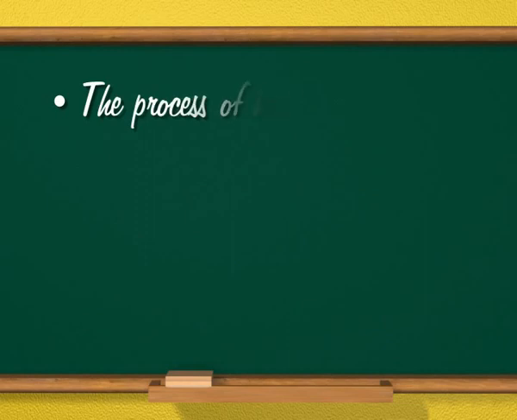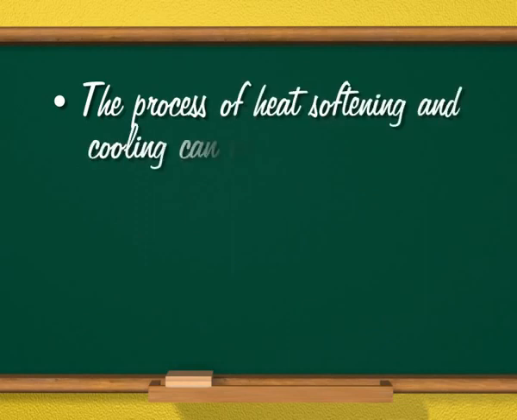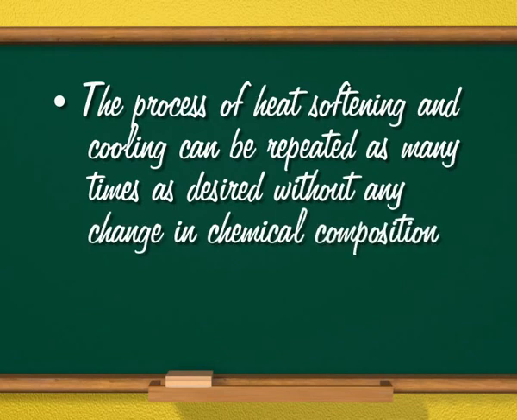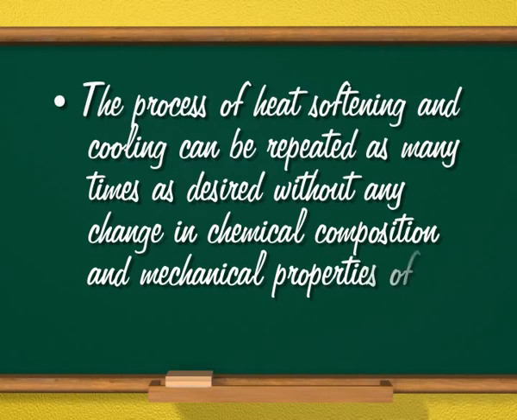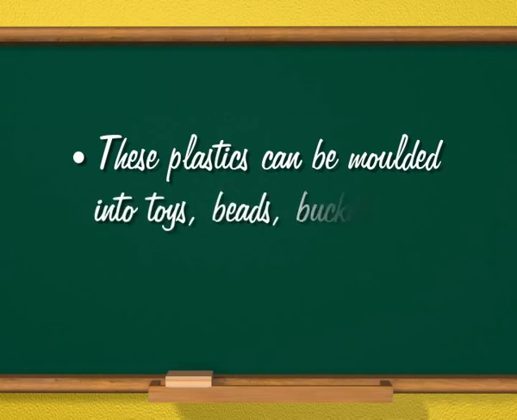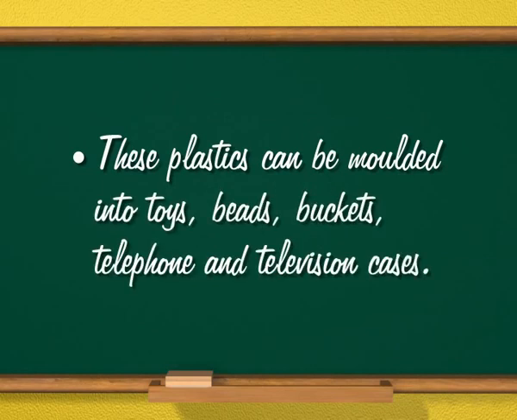The process of heating, softening and cooling can be repeated as many times as desired without any change in chemical composition and mechanical properties of plastic. As a result, these plastics can be molded into toys, beads, buckets, telephone and television cases.